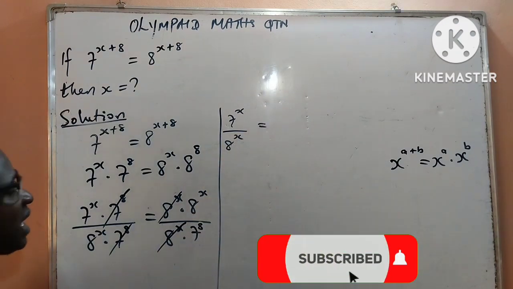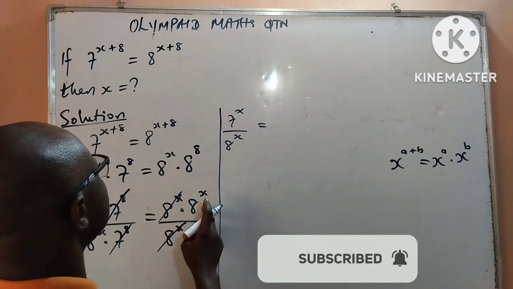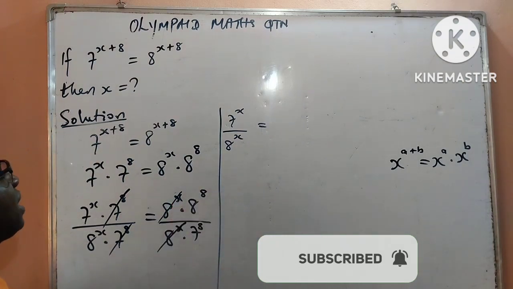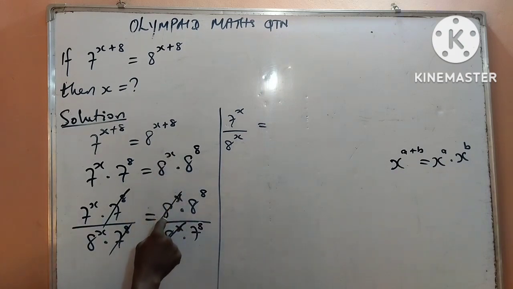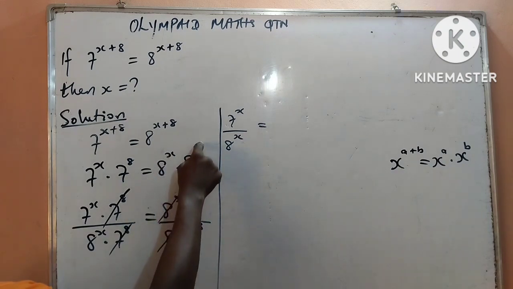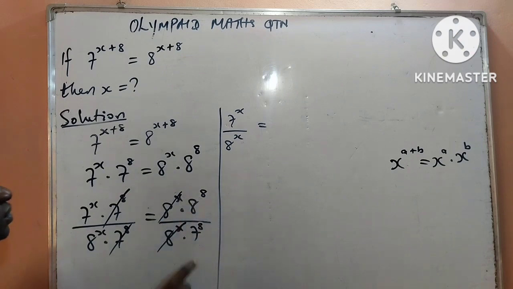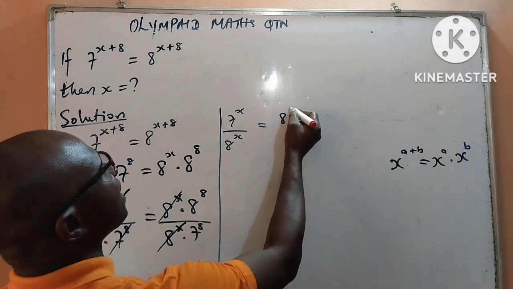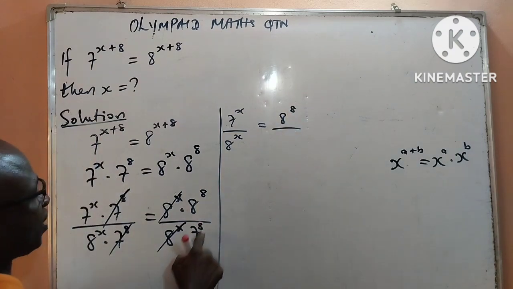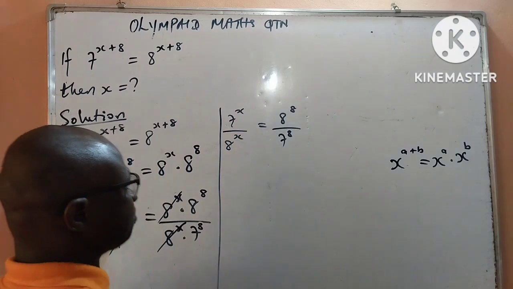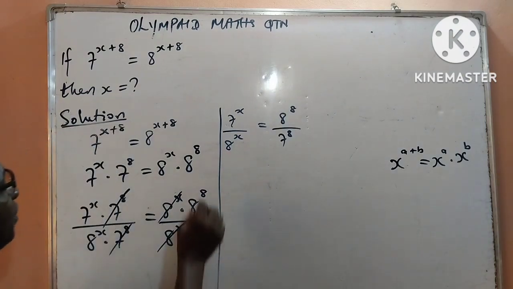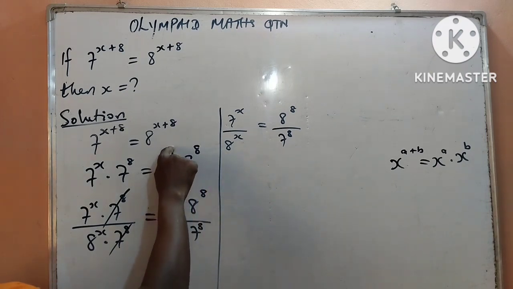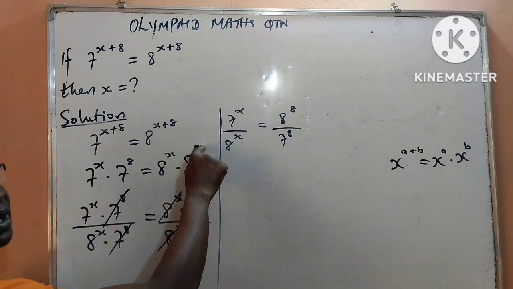On the right-hand side, what I have left is 8 to the power of 8 all over 7 to the power of 8. Beautiful. I hope this is understood.